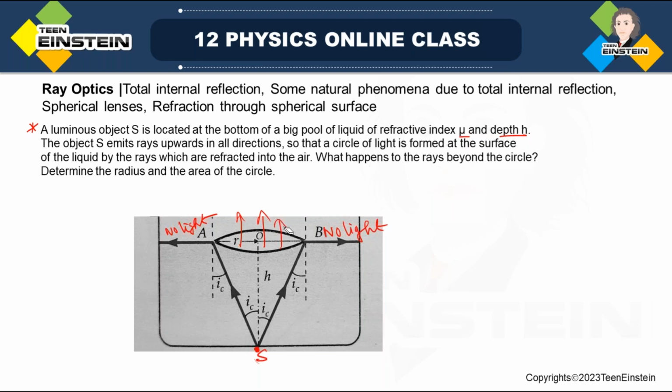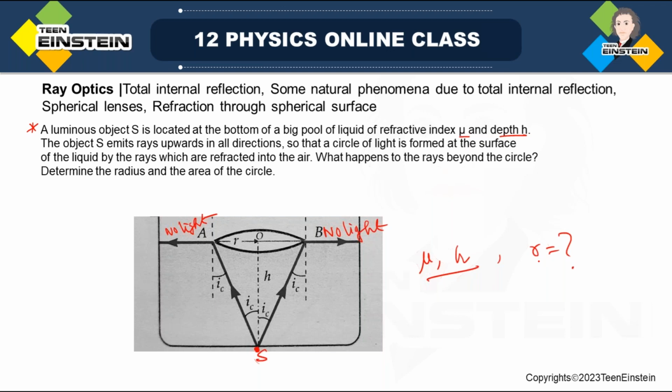Sometimes numerical problems will come on this circular bright patch. The depth h will be given, mu will be given, and you have to find out the radius of the circular patch. In some cases you have to find a relationship between mu, h and r, which we are going to discuss today.